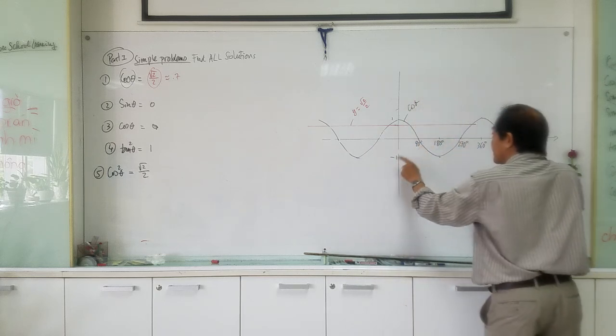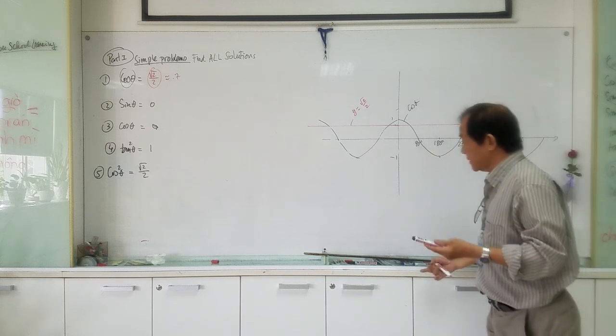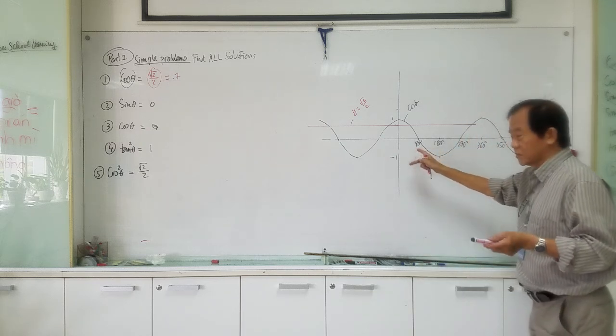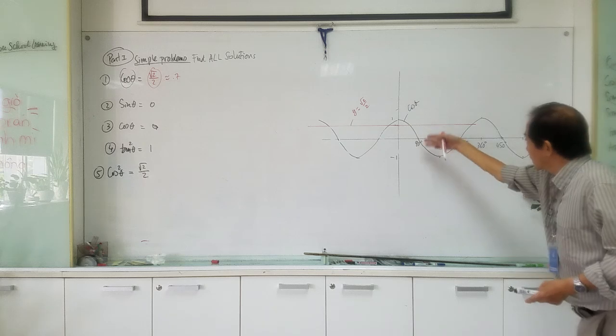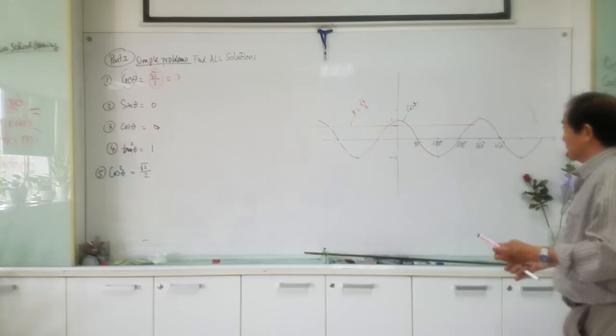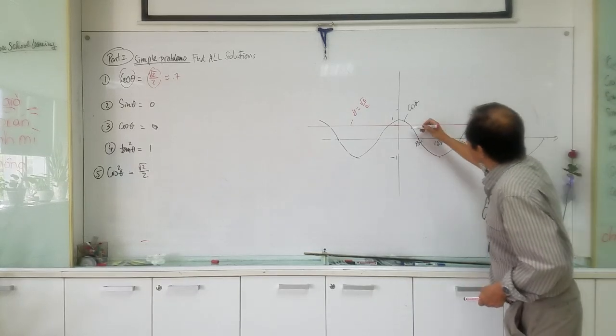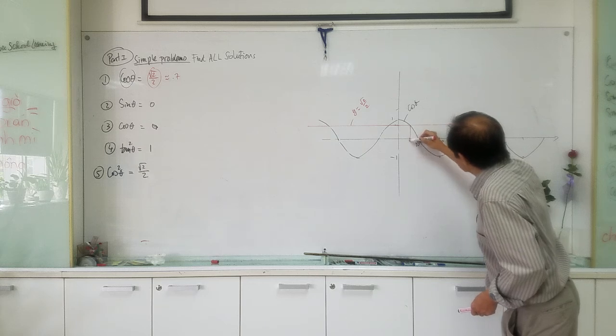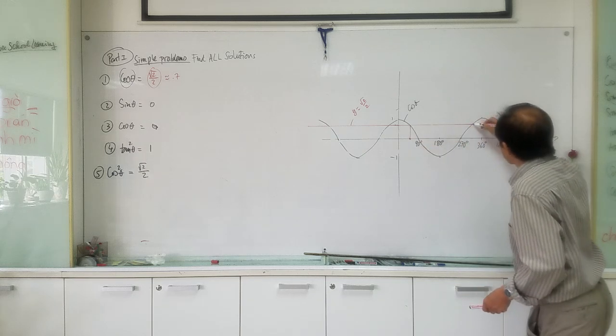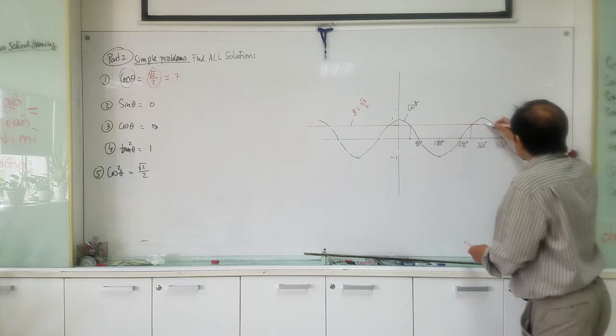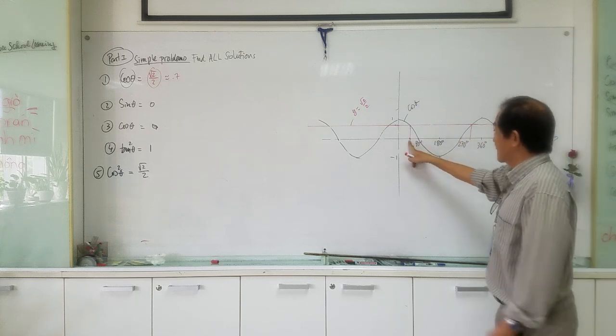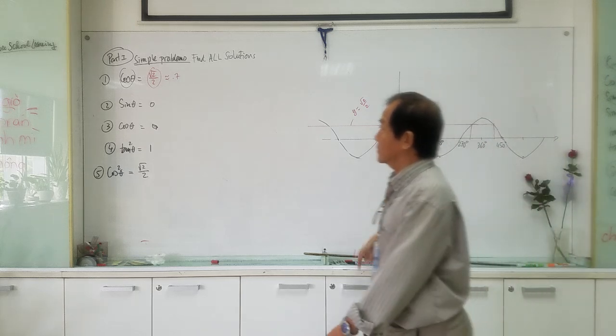I use degrees so you can be comfortable and understand better, but you should not use degrees when you put the graph in here. For zero, you already know. So the solution should be right here, and right here, and right here. It is about 45 degrees, for example.